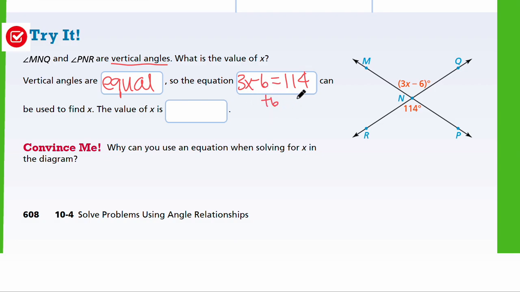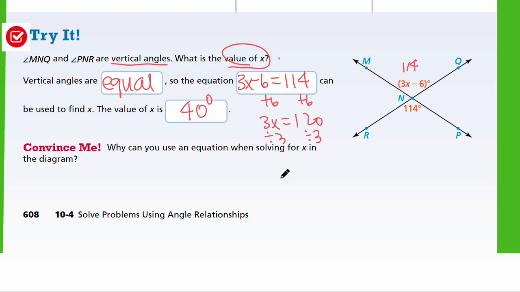So plus 6 on both sides, 3x is equal to 120, and then divide by 3 on both sides. X is equal to 120 divided by 3, which is 40. So the value of x is 40 degrees. Okay, and that's it. You just need to figure out the value of x. You don't need to figure out this angle because we already know it's going to be the same, 114.